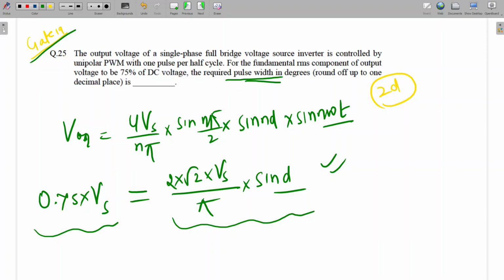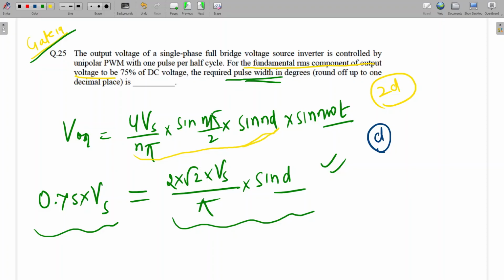Yes, sir. Okay, so from here we can calculate the D value. What is the value of the D? So sin omega t term, see, this is RMS value. What is the statement given here? The fundamental RMS component of the output voltage. So this is the peak value up to here.